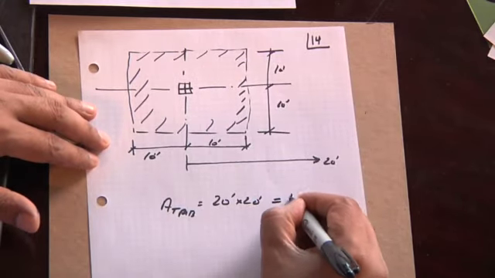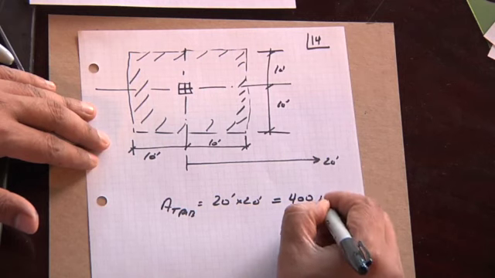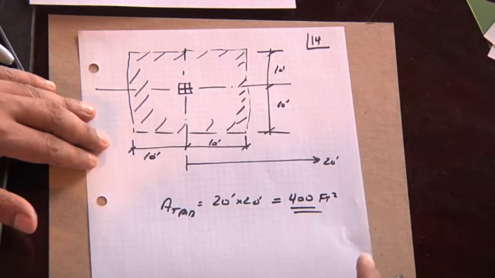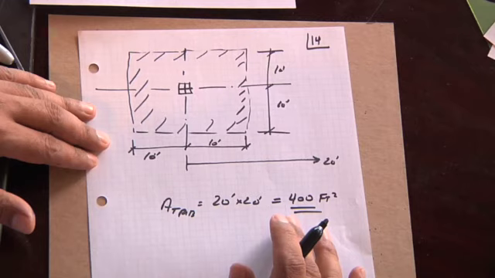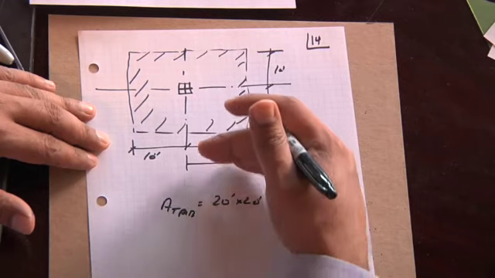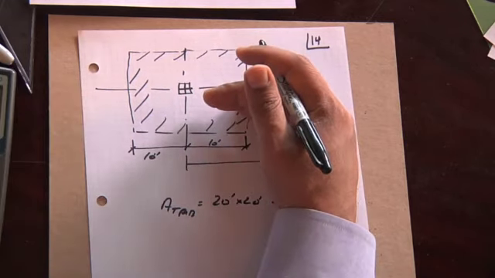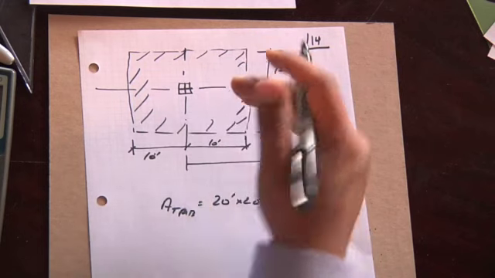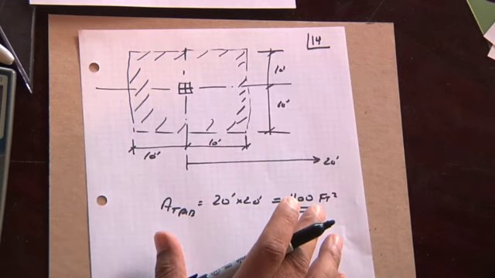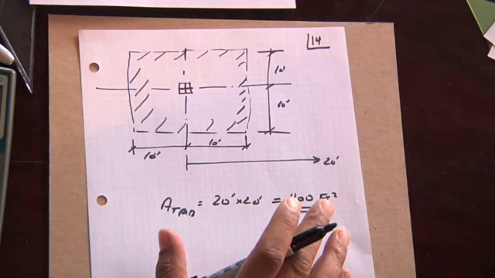And so that tributary area is 400 square feet. And that is added for each floor level up above. In this case, they're asking for the load on the first floor column.